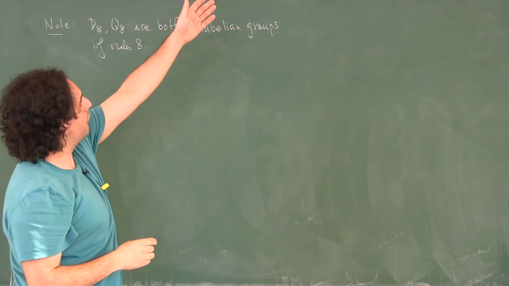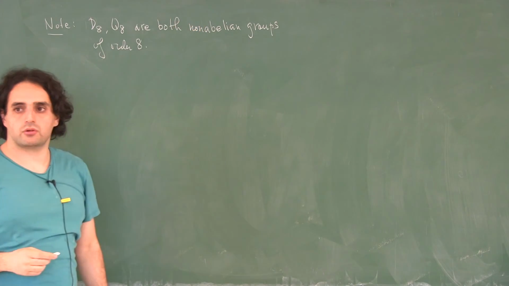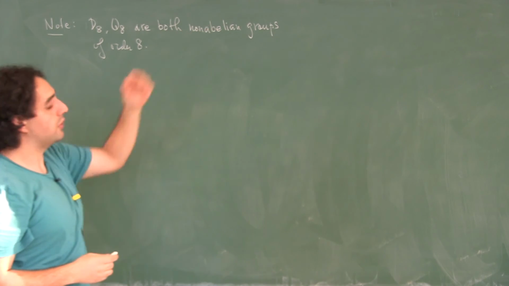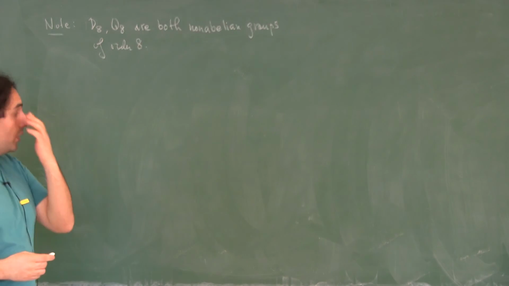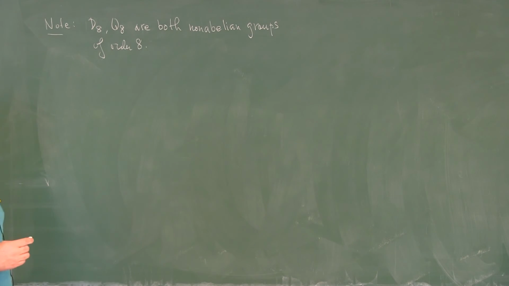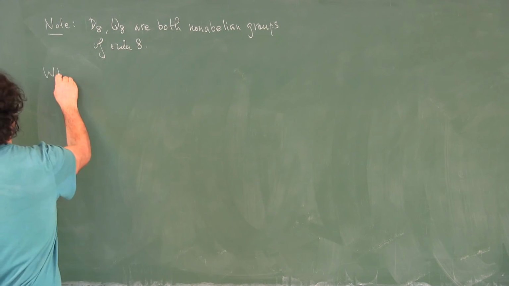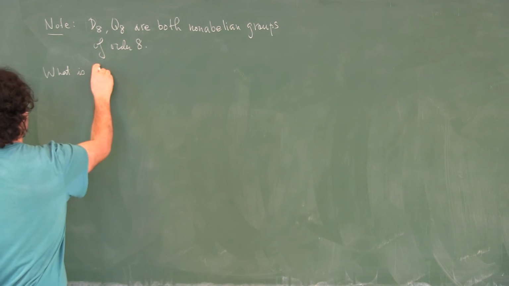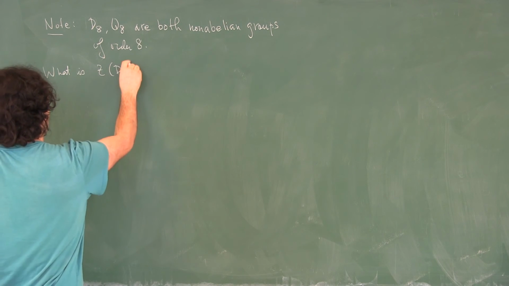Now, we saw that the center of Q8 consists of 2 elements, plus or minus 1. What is the center of D8? Remember, D8 is the symmetries of the square.